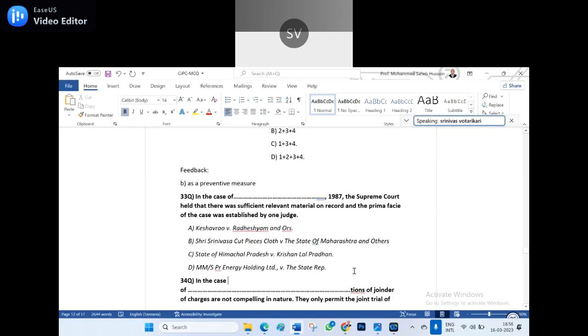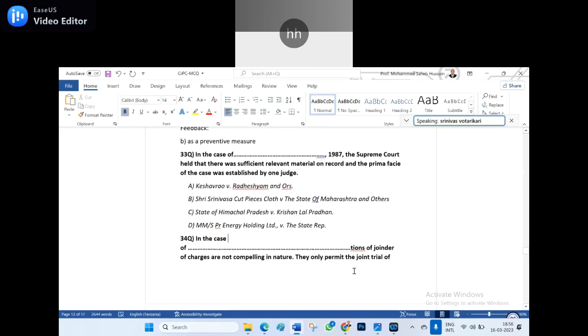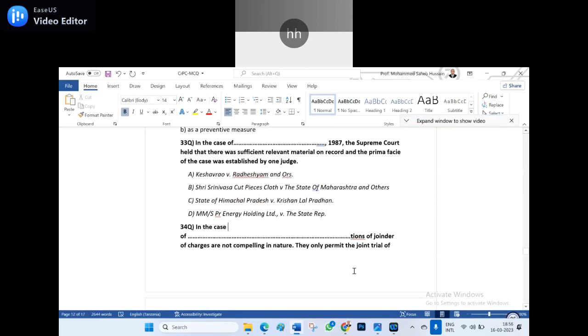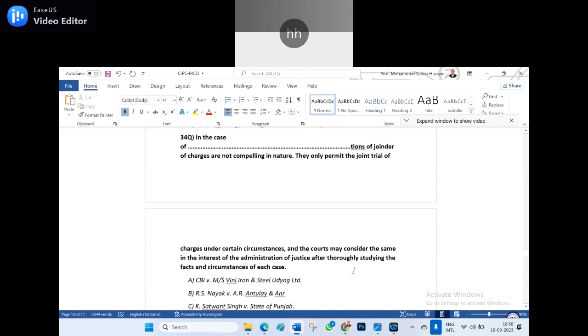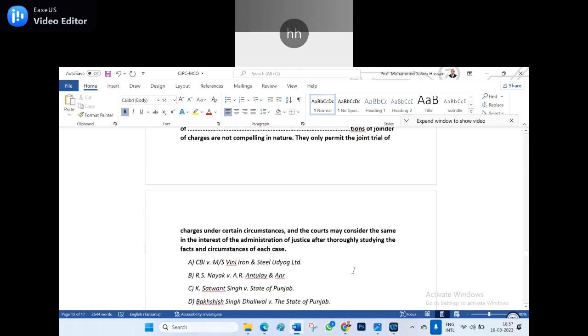In the case of dash, joinder of charges are not compelling in nature. They only permit the joint trial of charges under certain circumstances, and the courts may consider the same in the interest of the administration of justice after thoroughly studying the facts and circumstances of each case. It is decided in the case of A, CBI versus Mrs. Sweeney Iron and Steel Udyog Limited.